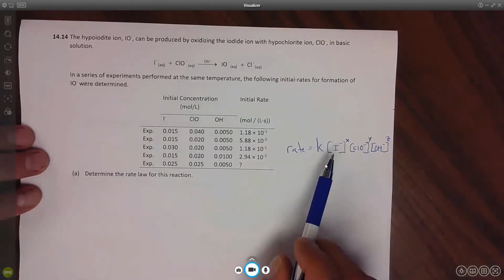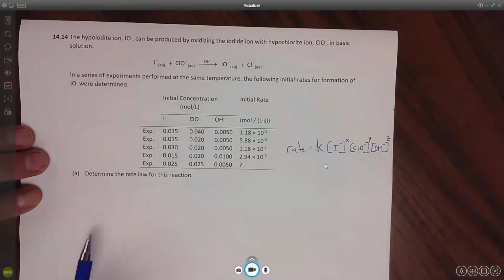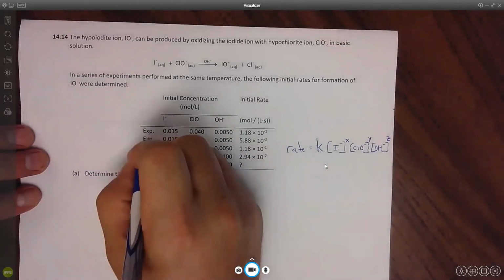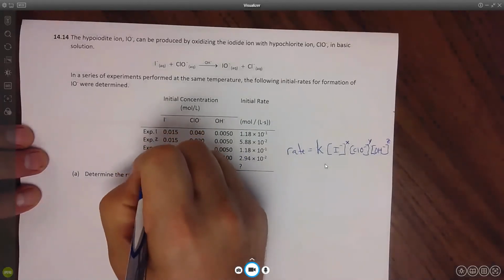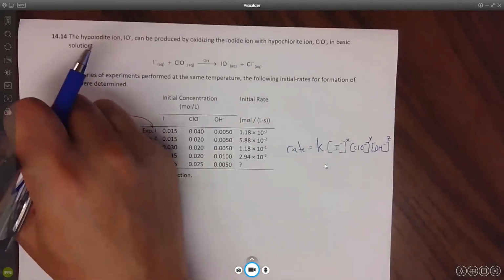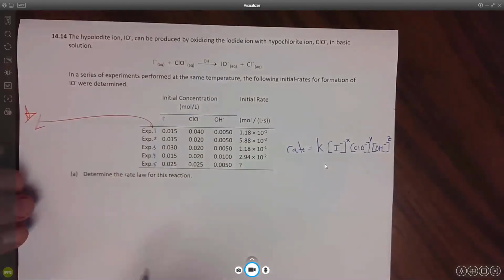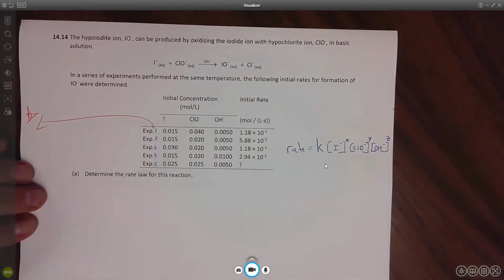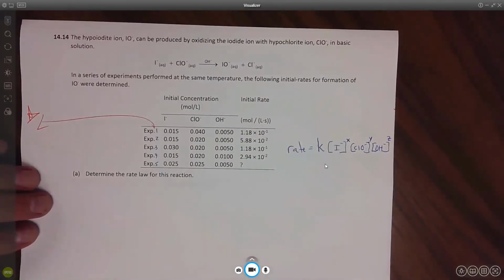So let's start with iodide. What two reactions do you think we're going to need to use to determine the iodide?